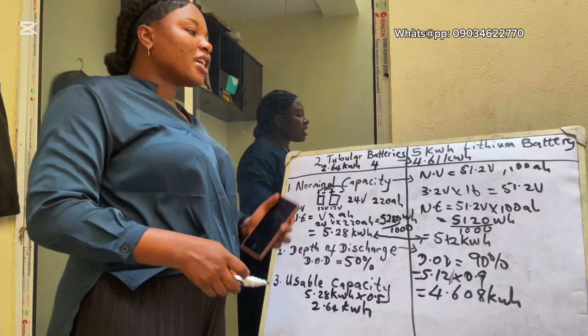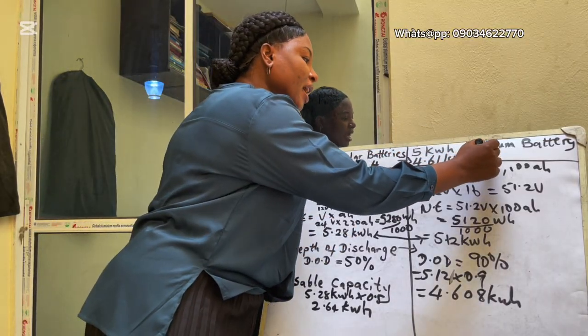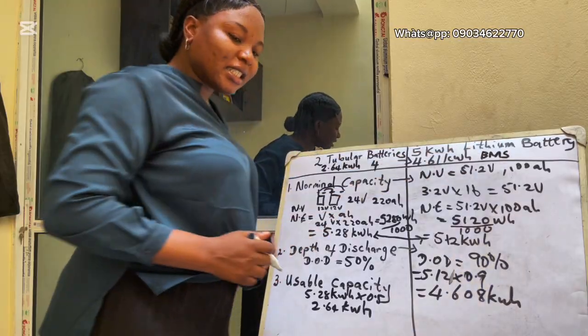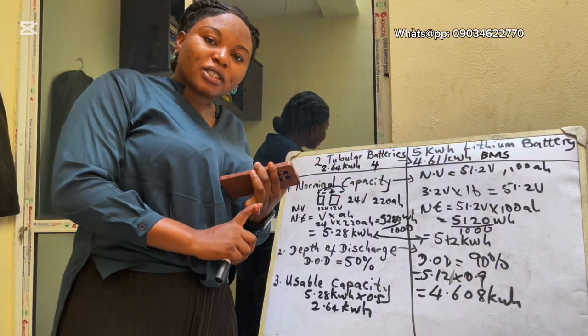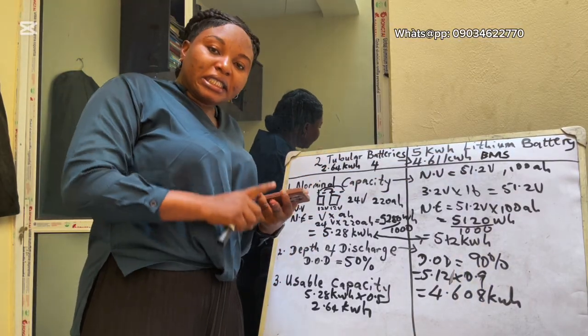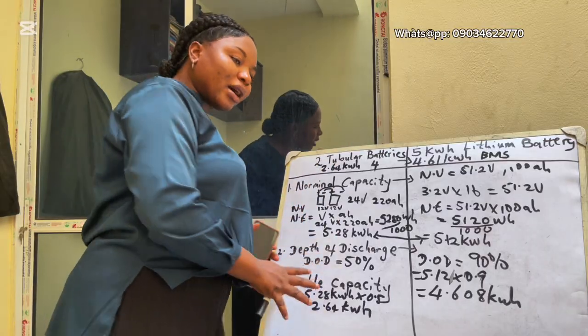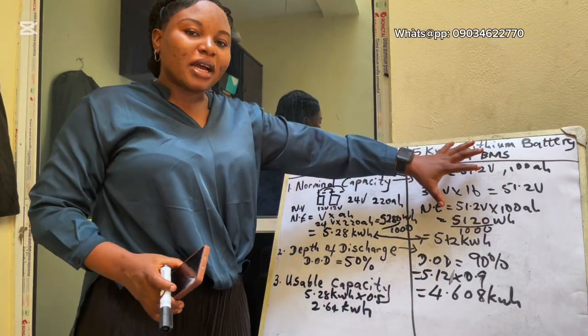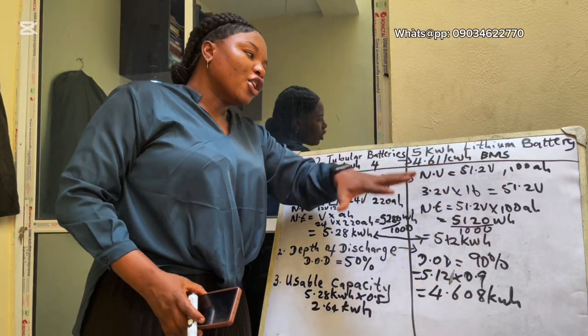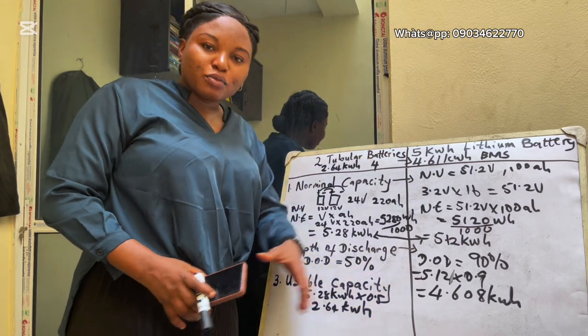Another thing with lithium battery is it has what they call BMS, battery management system. This is in charge of battery charging, control, discharging, and all of that. The tubular battery doesn't have control, so this BMS helps the efficiency of the lithium battery.